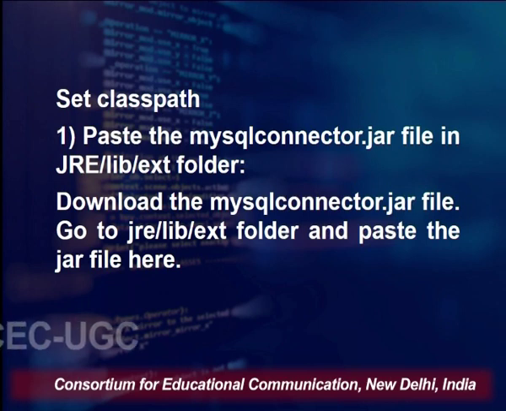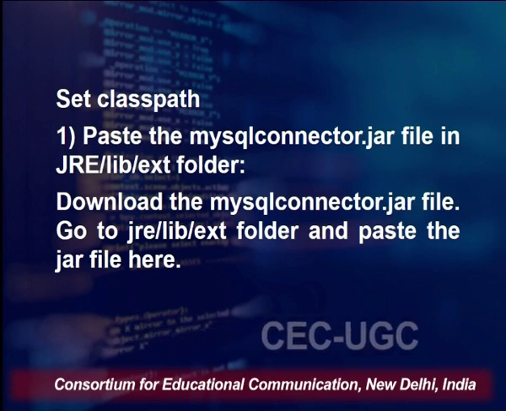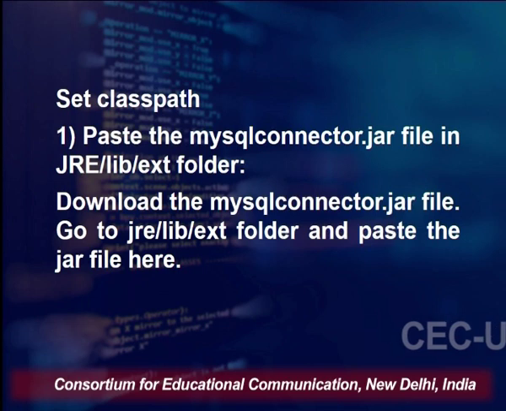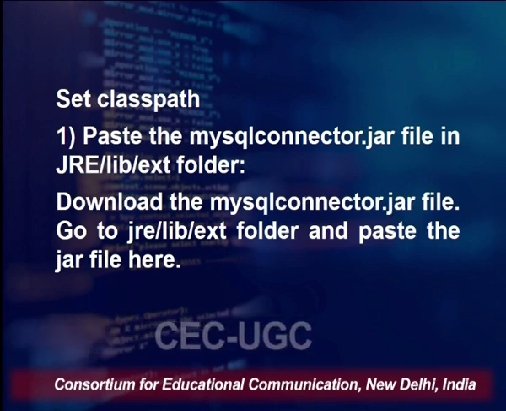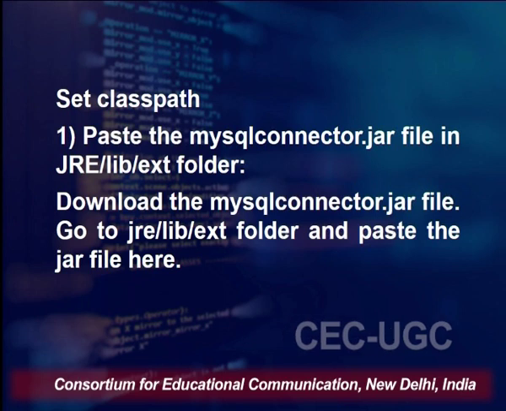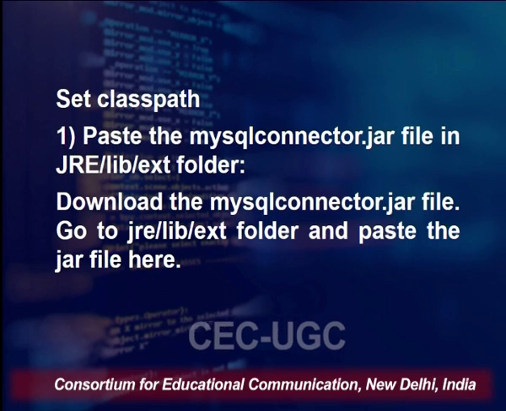This class path can be set in a temporary mode or in a permanent mode, which we have seen when we started this Java thing. We need to download this MySQL Connector.jar file, and then paste it there.